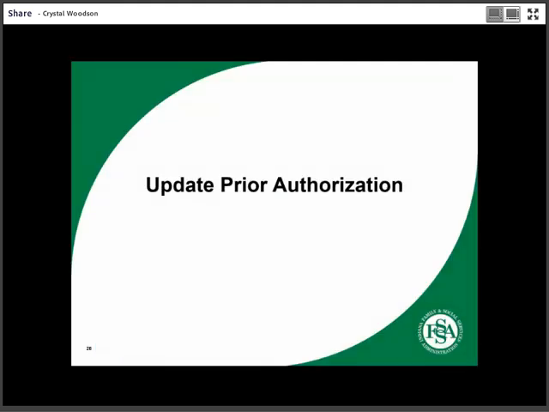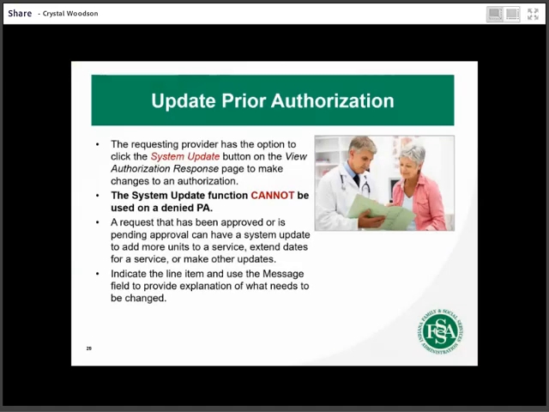Now we're going to look at when you can update your prior authorization. The authorization response panel enables the original requesting provider to submit updates to an existing PA request as long as the request is not denied.